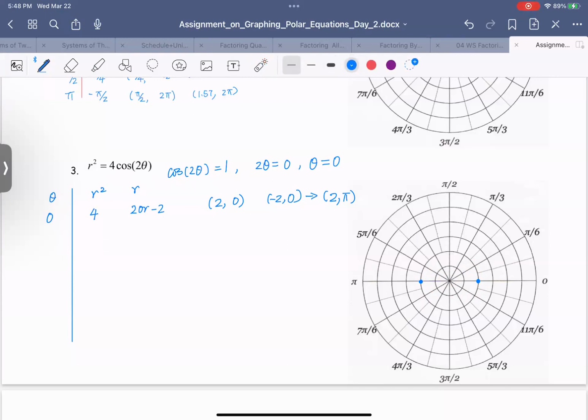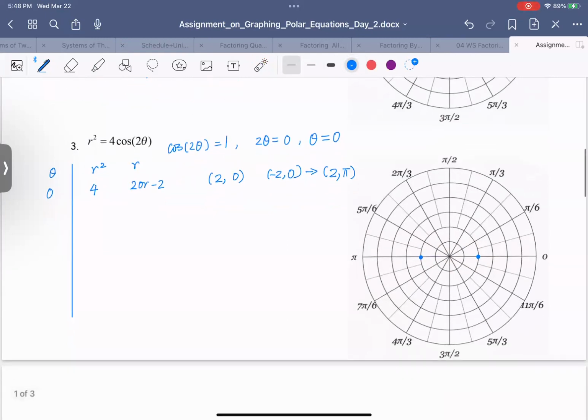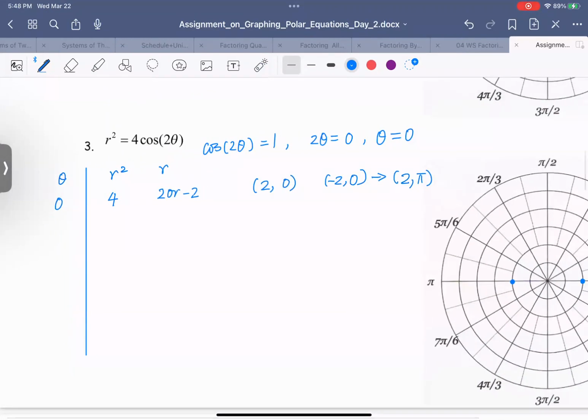Let's give a few more points. When our theta is pi over 6, for example, if we make cosine 2 theta equal to 1/2, then 2 theta is pi over 3, correct?